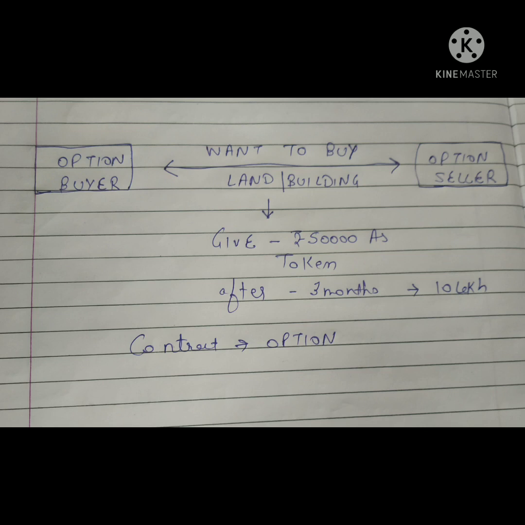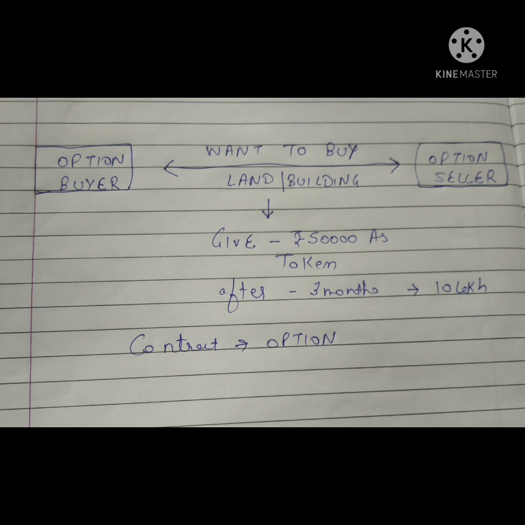In option contracts, two parties are involved: the option buyer and the option seller. For example, say an option buyer wants to buy some land or building or any commodity or product from the seller. So what does he do?